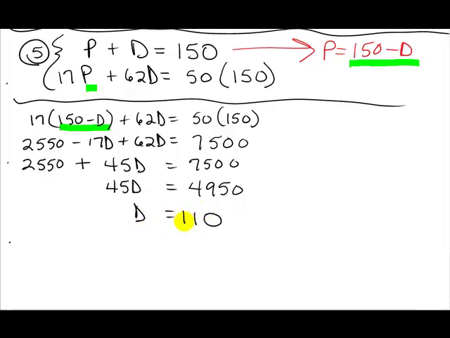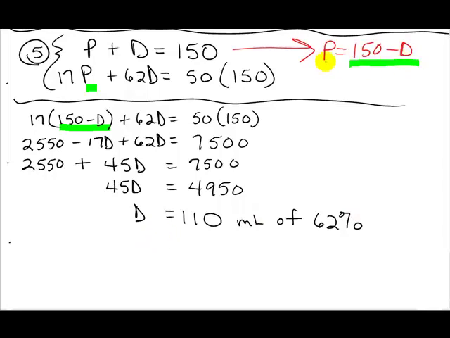Okay, so what we're dumping is going to be 110 milliliters of, and we've got to figure out which solution it is. Look at the D, go back up here to where the D is. The D is connected to the 62, so that's of the 62%. Then we need to find out how much of the 17%.